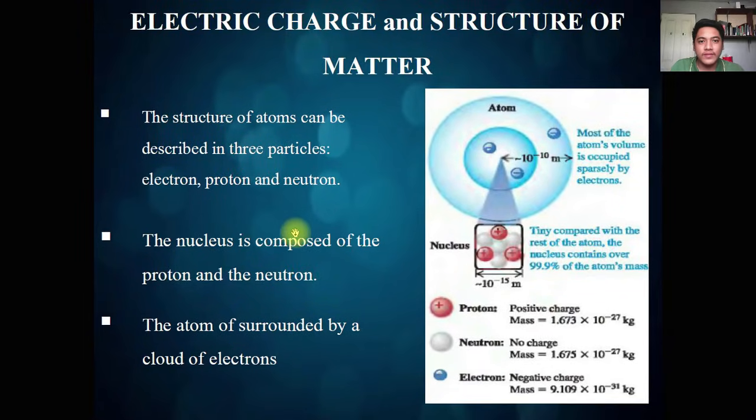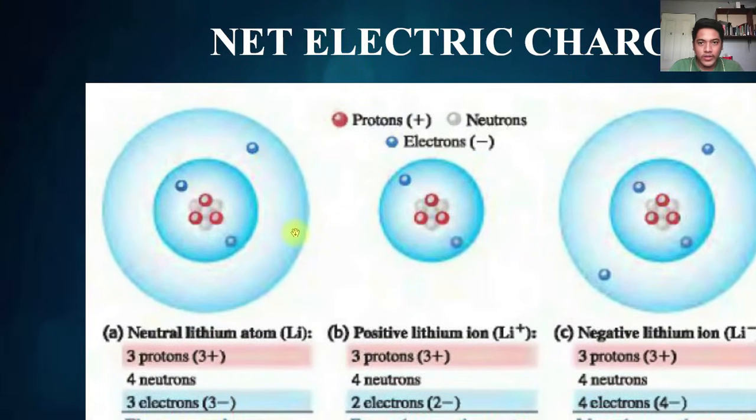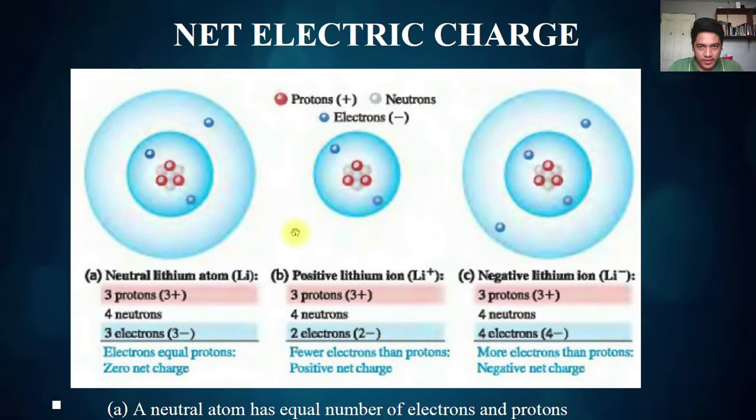Okay? So let's go back. Net electric charge. When we are talking about the net electric charge, it simply means that we could have three cases. Okay? The net electric charge could be neutral. In other words, if an object or an atom or an element has a net neutral charge, meaning the number of electrons is equal to the number of protons.